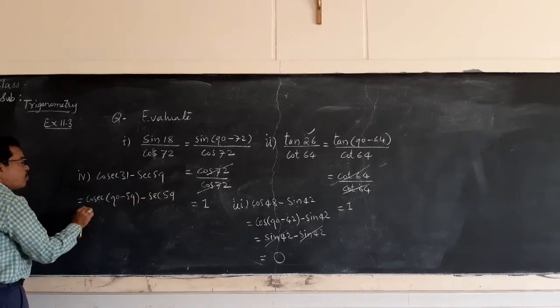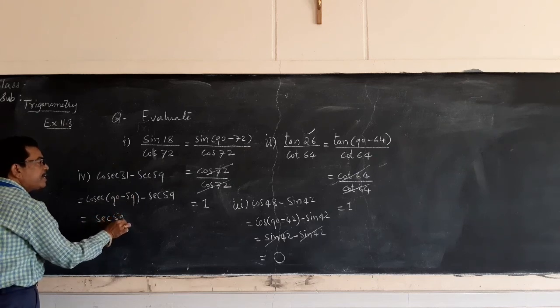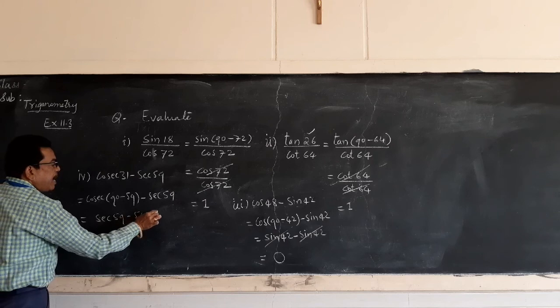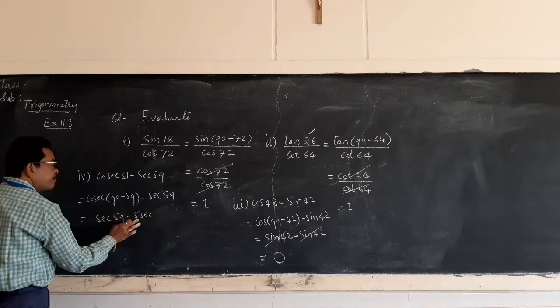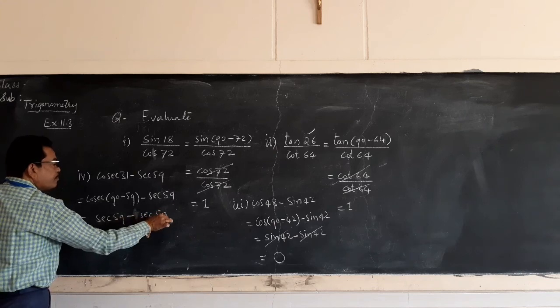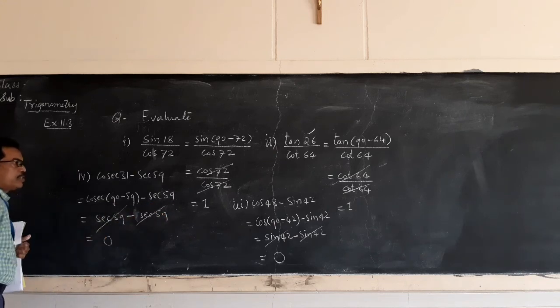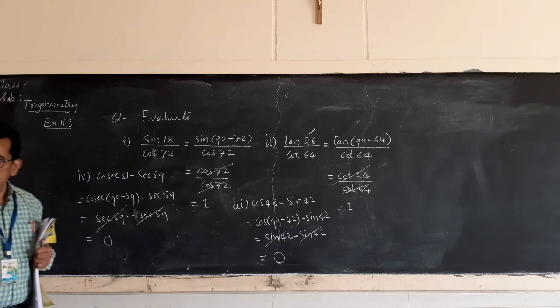Okay, cosec of 90 minus theta is sec, so sec 59 minus sec 59, which is equals to 0.